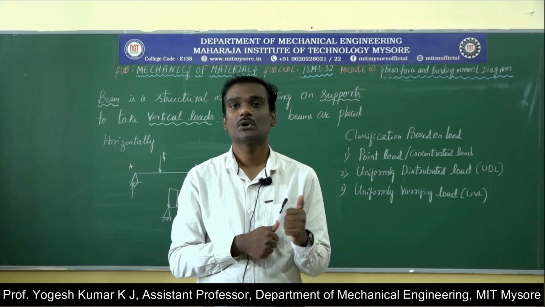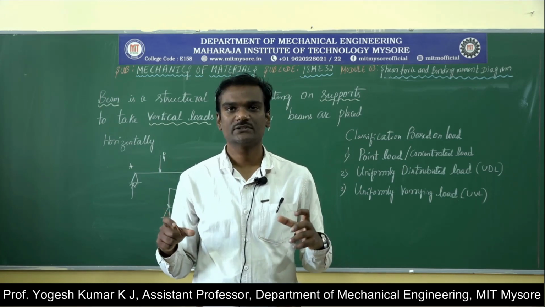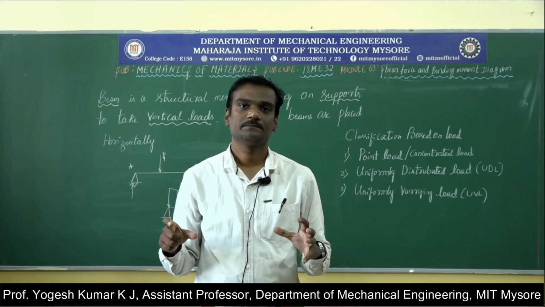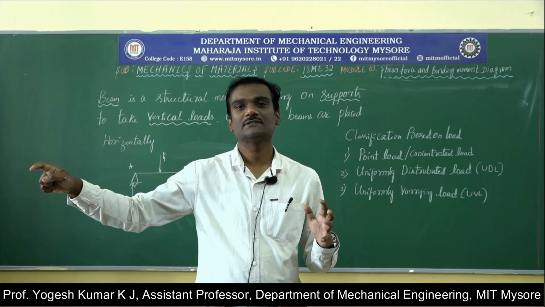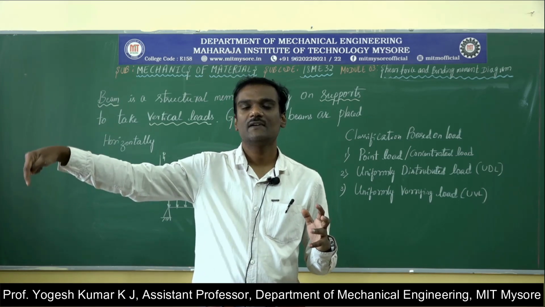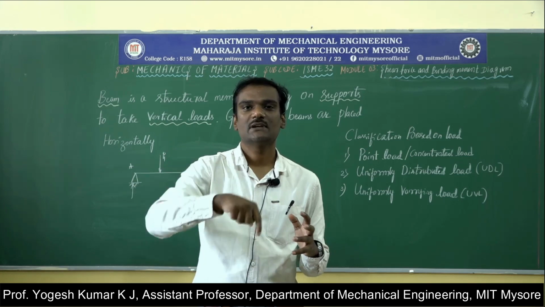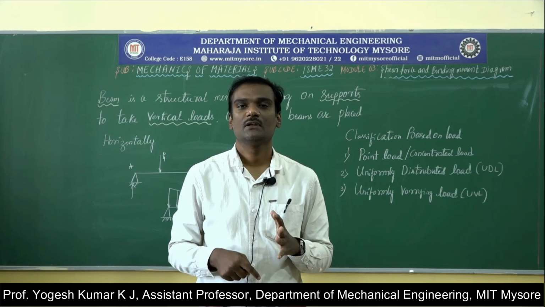If the factor of safety is more than 1, we say the dimensions of the beam that we have chosen are safe. So we have traveled a long distance, and the end result is to say whether the beam is safe or not to take this amount of load in this particular supporting condition.